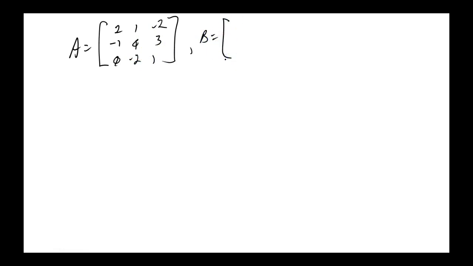With this as our A, we didn't do it with a 3 by 3: 2, 1, negative 2; negative 1, 0, 3; 0, negative 2, 1. B equal to 3, 1; 2, negative 1; 3, 0.